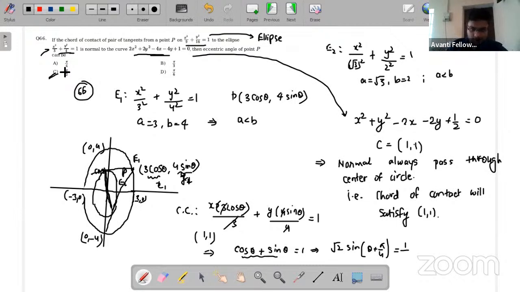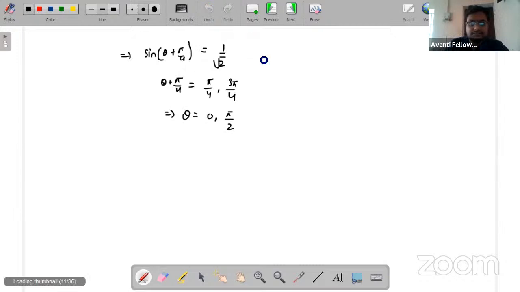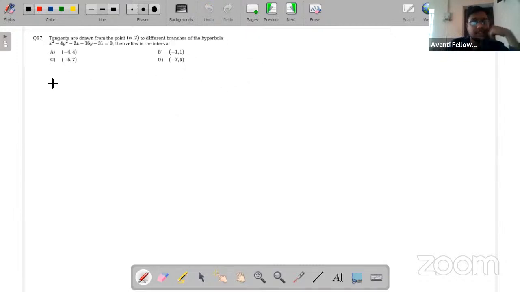That's how we got this chord of contact. Then we know that chord of contact is actually normal to the circle, so normal is passing through the center. So this chord of contact will also be passing through the center, and the center we have found is 1 comma 1. So we satisfied 1 comma 1 and found our value of theta, which is the eccentric angle of point P. Clear?